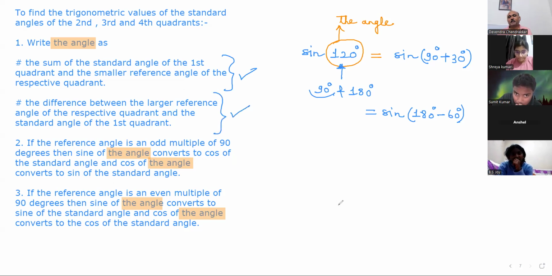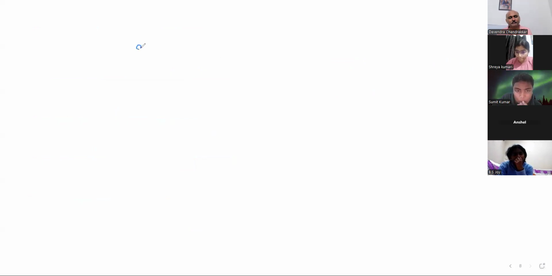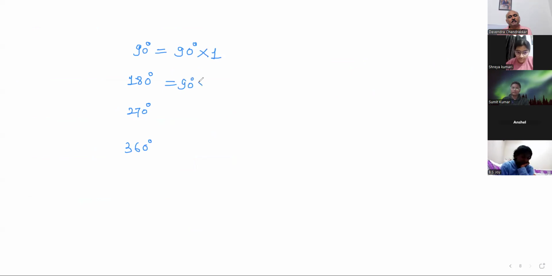ठीक है. अब देखो, रेफरेंस एंगल्स कौन कौन से हैं? 90, 180, 270, 360. 90 is what? 90 into 1. 180 is 90 into 2. 270 is 90 into 3. And 360 is 90 into 4.